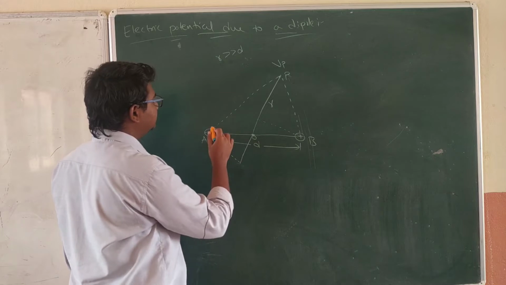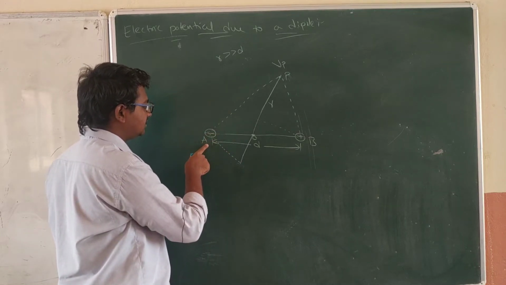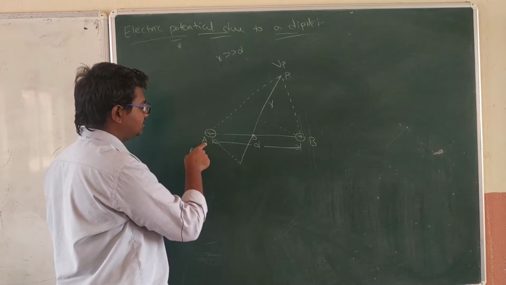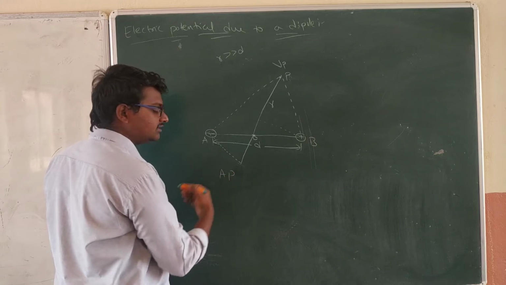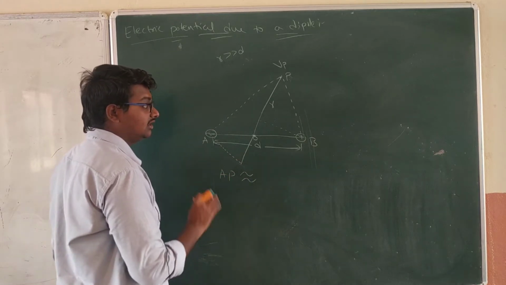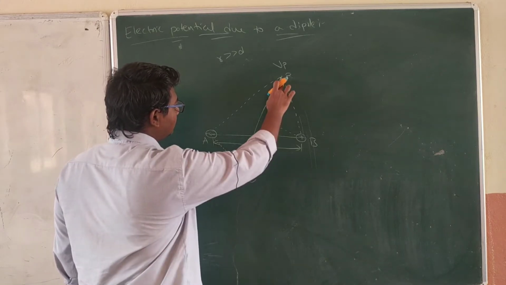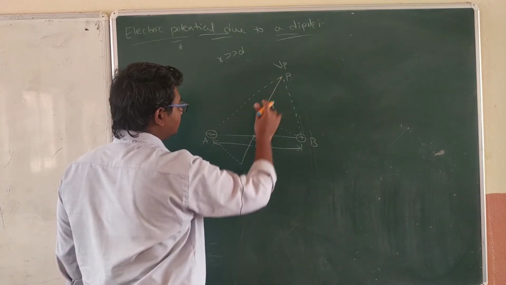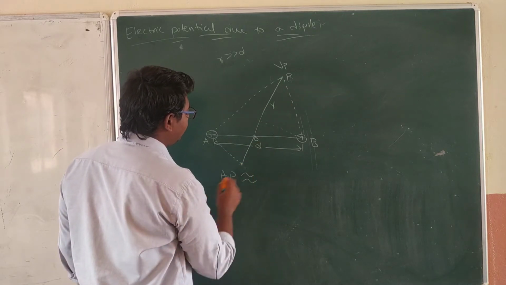Now we know the distance between the point P and the first charge, the negative charge, is AP, right? AP is similar, not equal, similar, to this length OP plus OA dash.